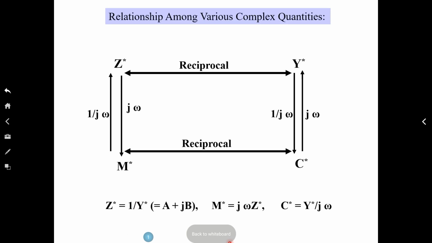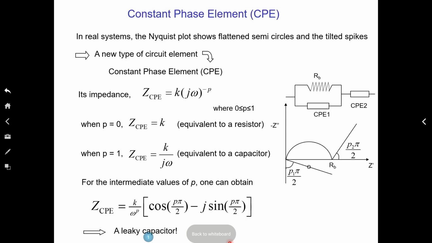can get depressed semicircles, skewed semicircles, sometimes you get a straight line. They have physical implications. For example, remember I said that we have a depressed semicircle. The center of the semicircle is lying on an axis with an angle from the real axis.